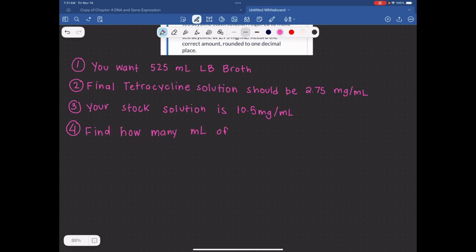So you're going to find how many milliliters of the stock to add, and the final thing it wants you to do is round to 1 decimal place.